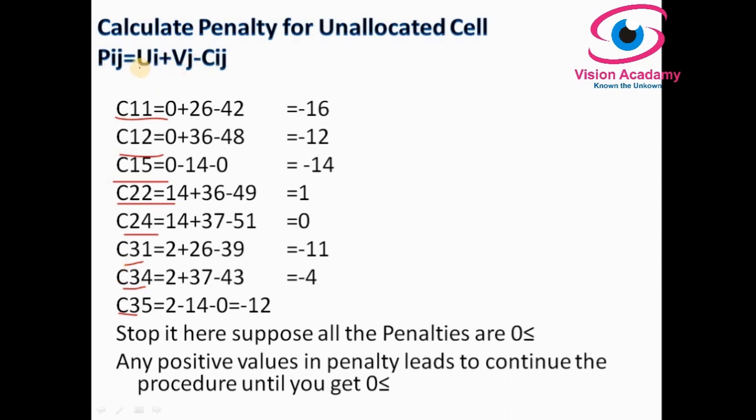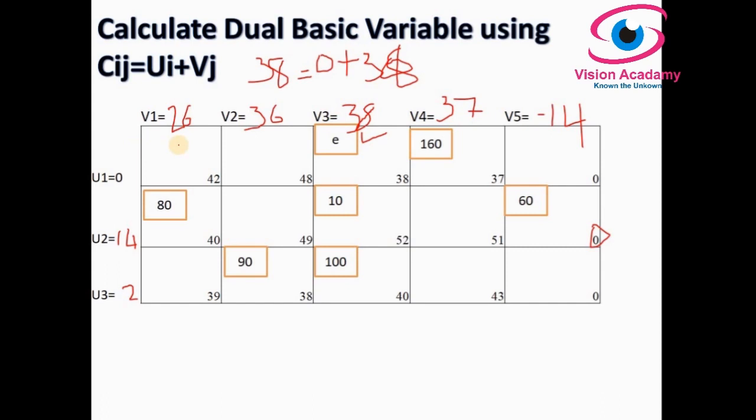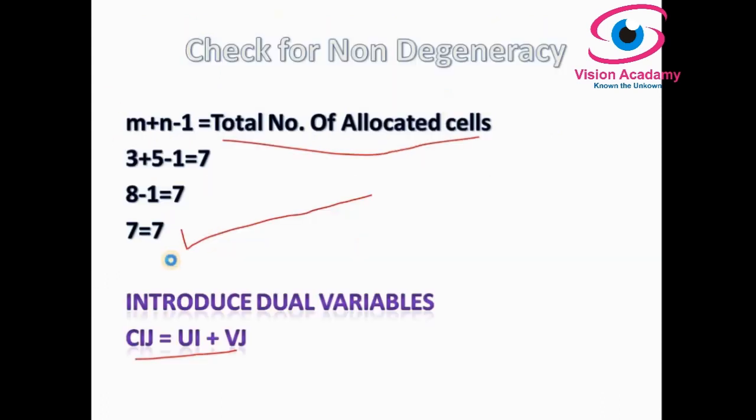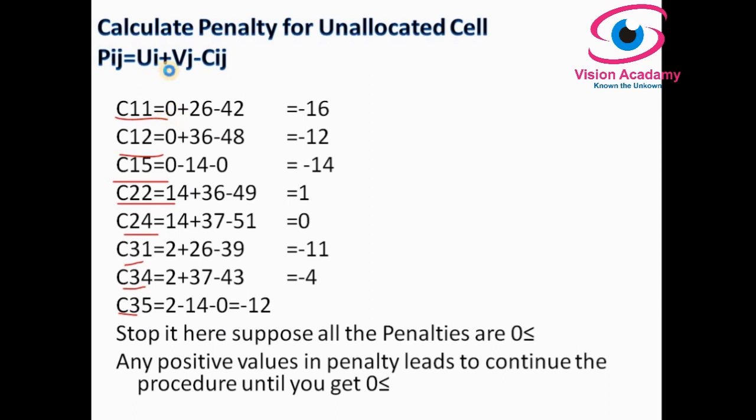Now follow this formula. Ui plus Vj minus Cij must be equal to Pij, penalty. So let's calculate penalty for the first cell, that's C11. I will apply the formula, that's Ui plus Vj minus Cij.